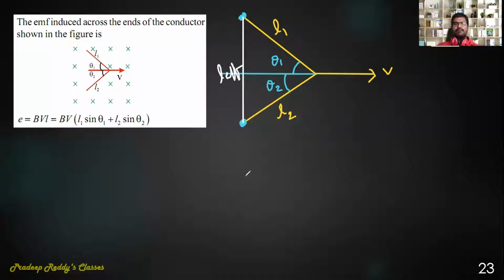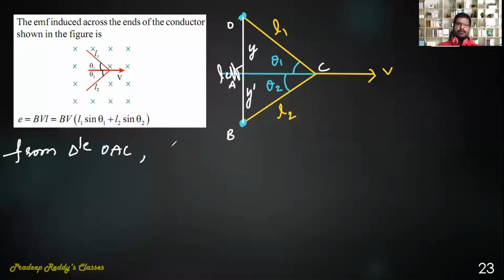This is L effective. Now from the bigger triangle, let me take this as triangle O, A, B and C. From triangle OAC, you can write this distance I am considering as y, this distance I am considering as y dash. Y is equal to L1 into sine theta 1.